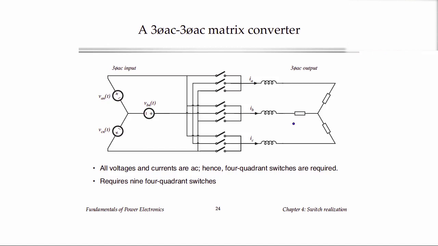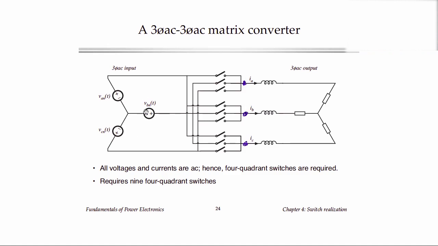But just to give you an example, here is a well-known converter that uses 4-quadrant switches. This is called a matrix converter, and it converts 3-phase AC into 3-phase AC of a different frequency and voltage. And basically it takes 9 4-quadrant switches. And these switches are able to produce output voltage waveforms of these 3 nodes here that are different combinations of the input voltage, the 3-phase input voltages.